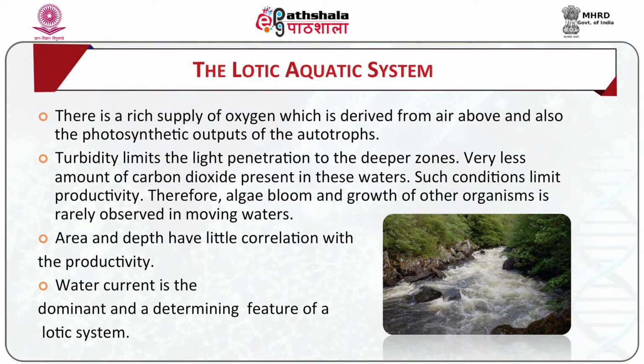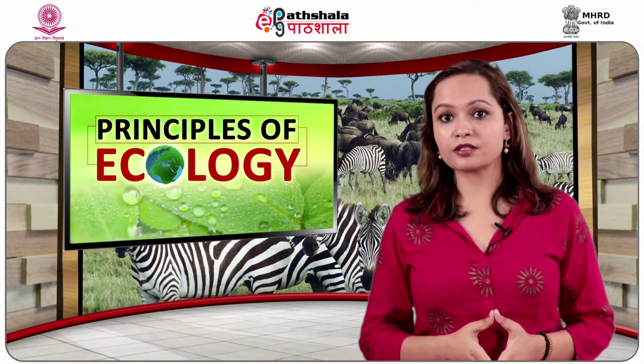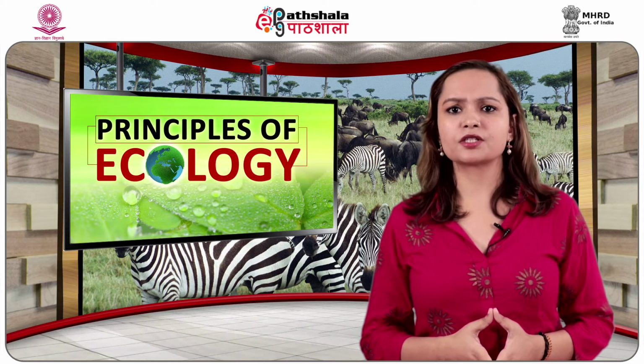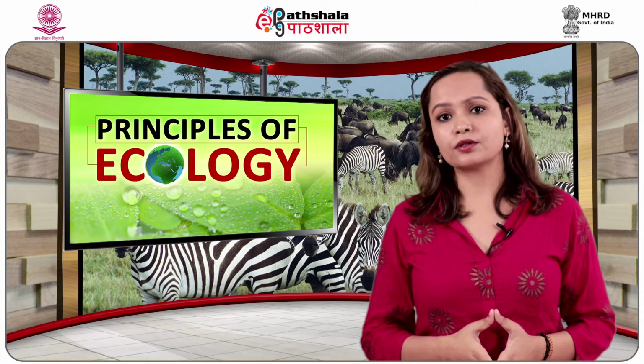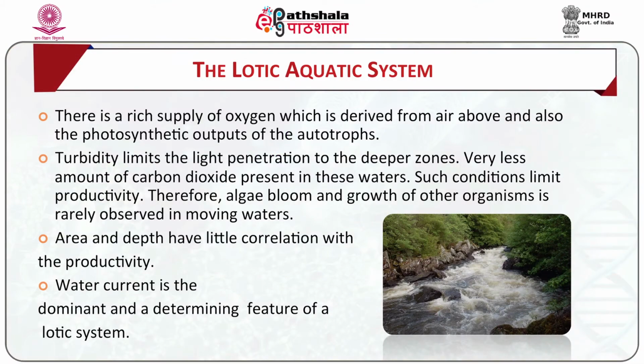There is a rich supply of oxygen, which is derived from the air above and also the photosynthetic output of the autotrophs. Oxygen is evenly distributed across the water body and oxygen depletion is very rare in unpolluted lotic bodies. Turbidity limits the light penetration to the deeper zones. A very small amount of carbon dioxide is present in these waters. Such conditions limit productivity.